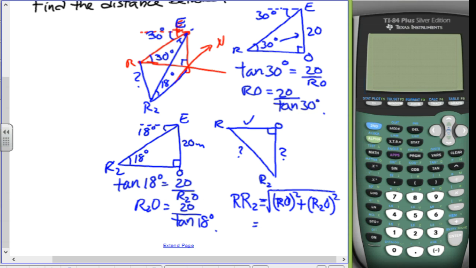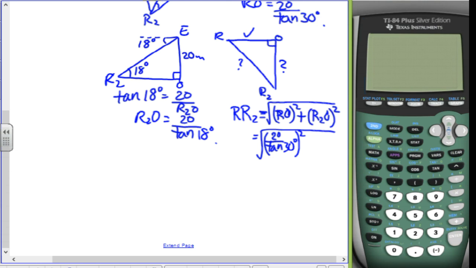So we have the square root of, RO in this case is bracket 20 over tangent 30 degrees, everything squared. I extend the page a little bit, and then plus 20 over tangent of 18 degrees, everything squared.